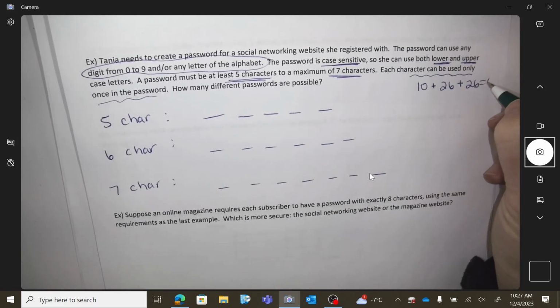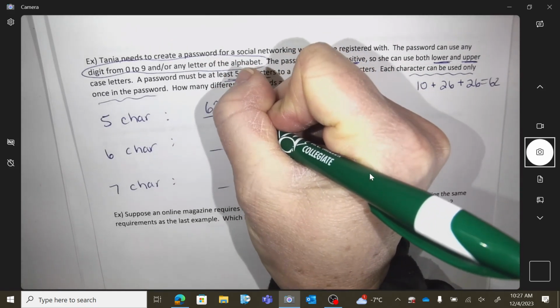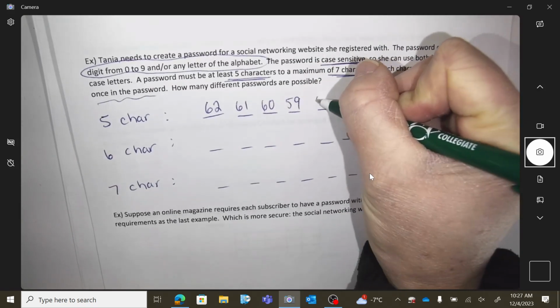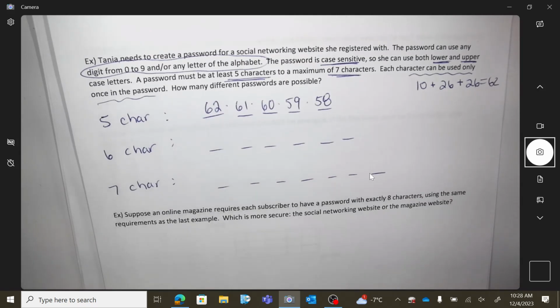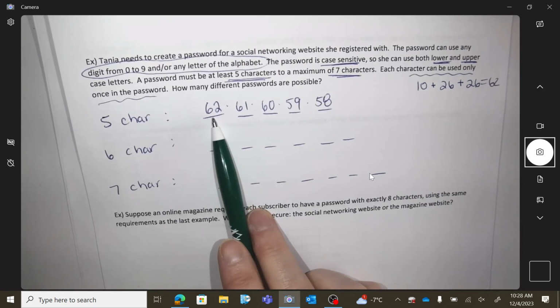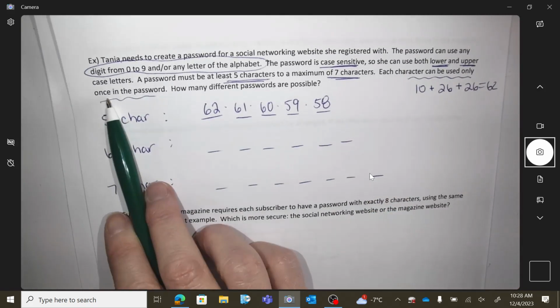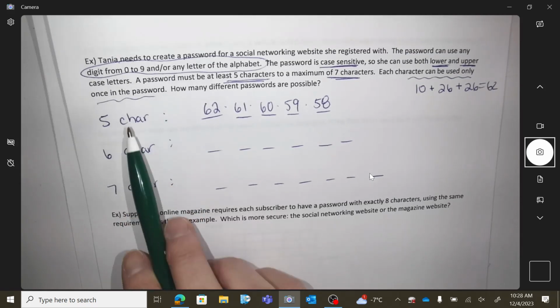So I have 62 options of things to put onto my password. So on a 5-character password, I could do 62, 61. Does that make sense? Because I'm only allowed to use a character once. And then once I do that, I can't repeat it.